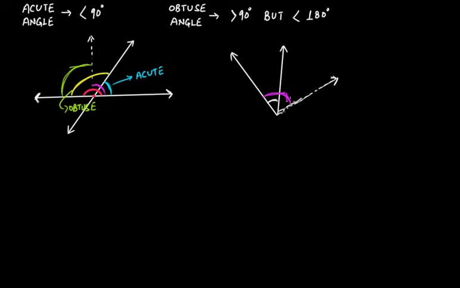But since the orientation of the ray is in this direction and in this fashion, this angle will be smaller than this right angle. Therefore we will say that this angle is an acute angle.